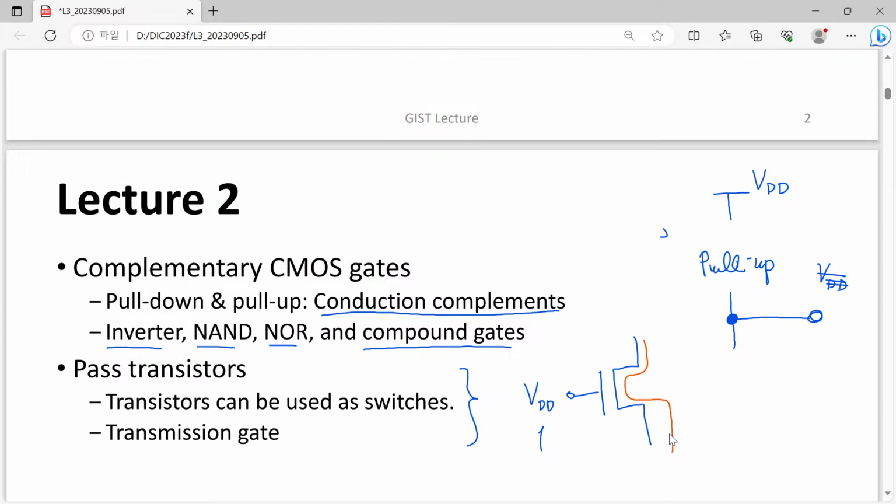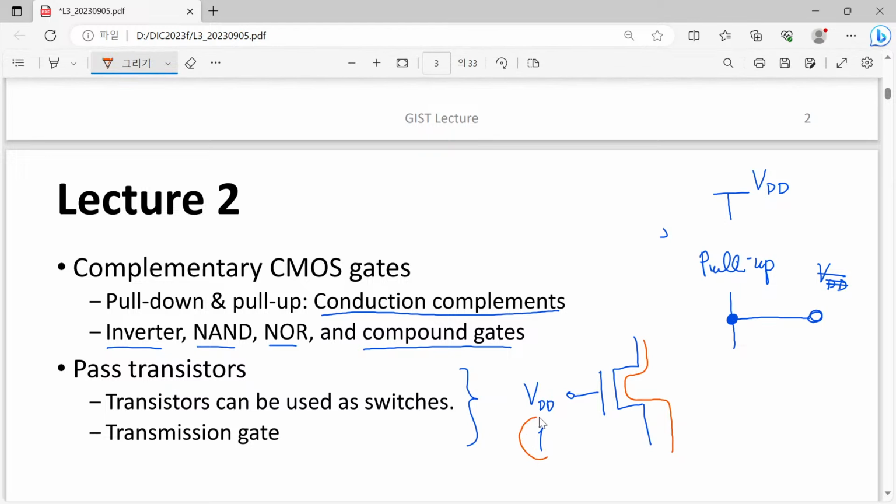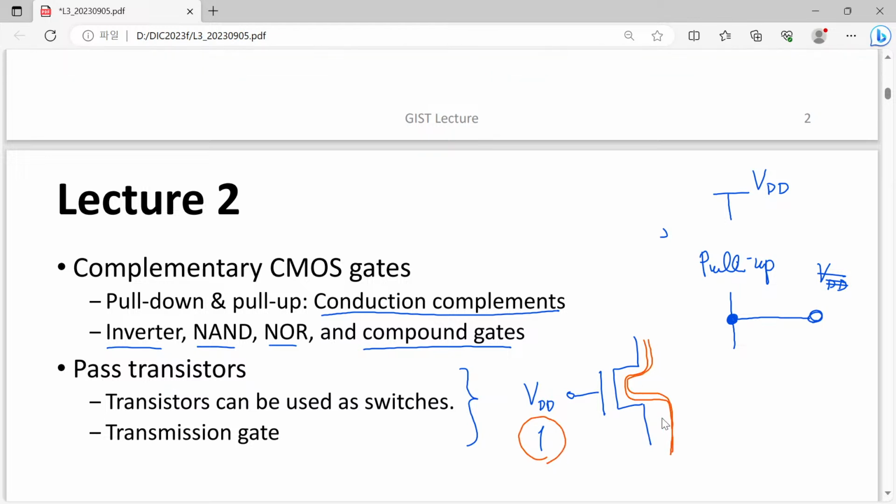But please note that this means the difference between gate and source should be close to logical 1. VGS should be close to VDD. That is the meaning of logical value 1.